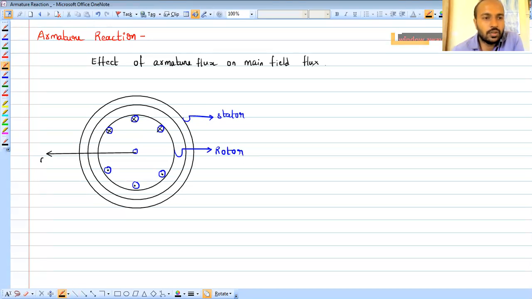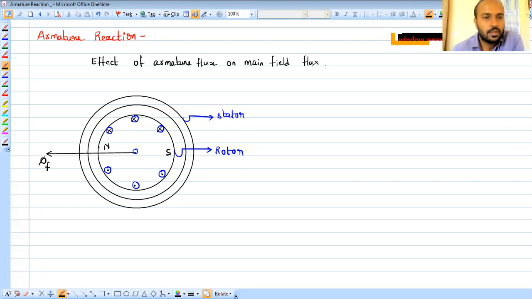Okay, it will act as north pole and this will act as south pole. We know that the flux leaves the north pole and terminates at the south pole.